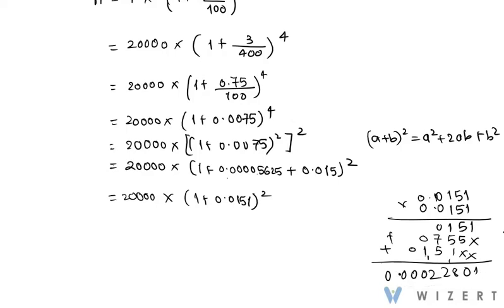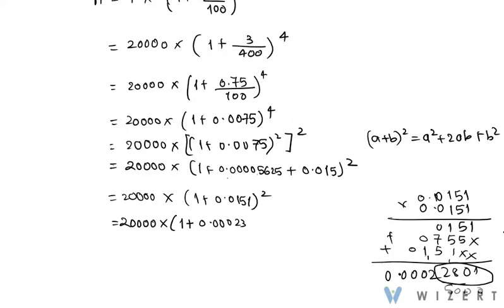Again we'll do the same thing. We have to round this off to the 4th digit after the decimal point. So this is less than 5000. So we will take this as 20,000 multiplied by 1 plus 0.00023.